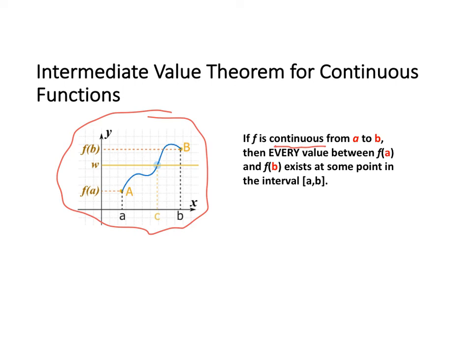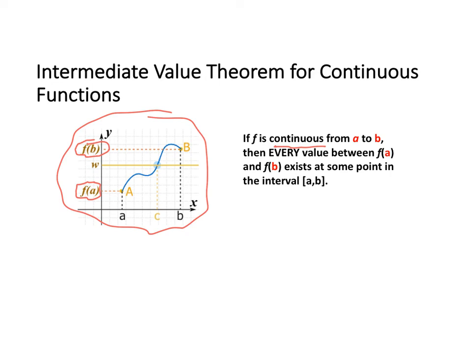So it's a continuous function from a to b. Then every value between f of a and f of b exists at some interval a to b. So every y value here is going to exist for an x value in this area here.